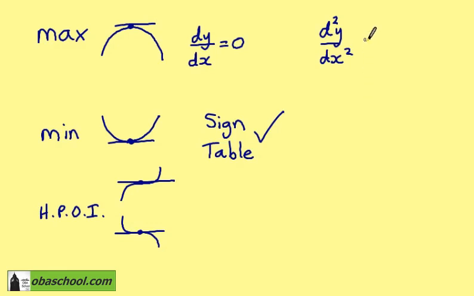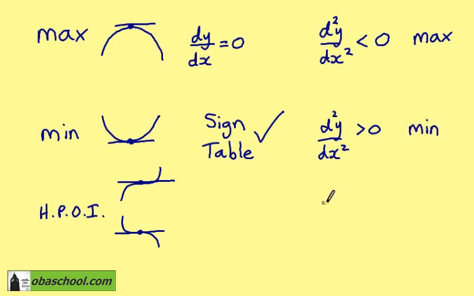If d²y/dx² is less than 0, we have a maximum. If d²y/dx² is greater than 0, we have a minimum.